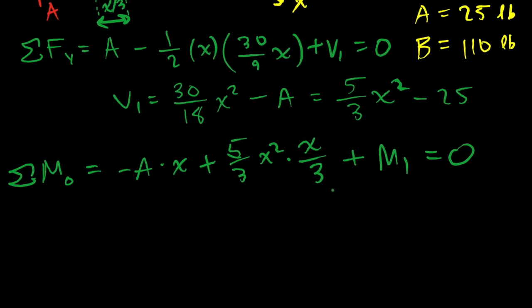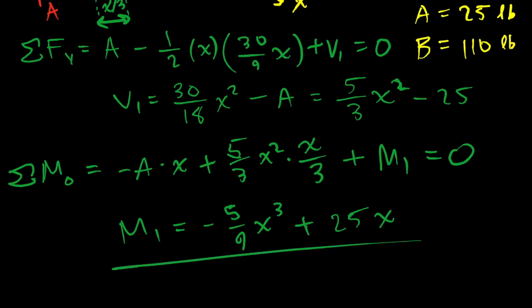When we rewrite this, we get M1 equals minus 5 over 3 x cubed. Actually, that's going to be 5 over 9 x cubed. So that's minus 5 over 9 x cubed, plus A times x. Our A is 25 times x. And we have the moment equation for this first interval.